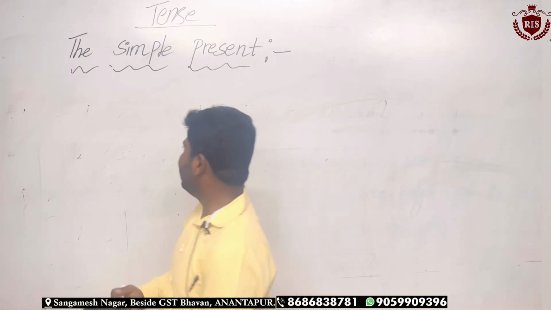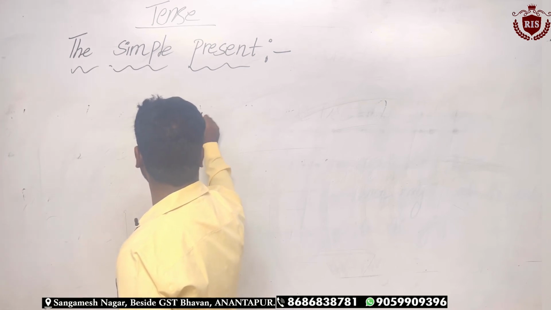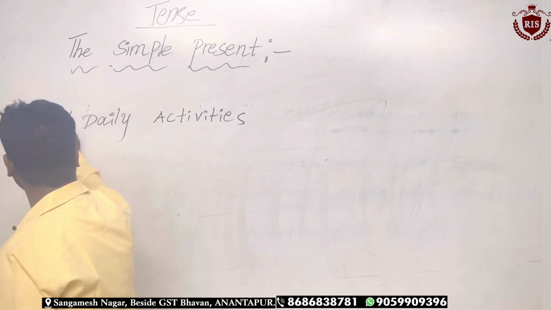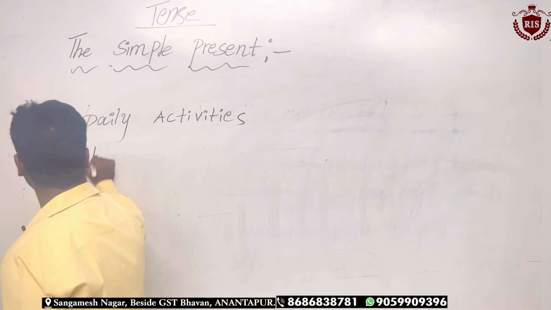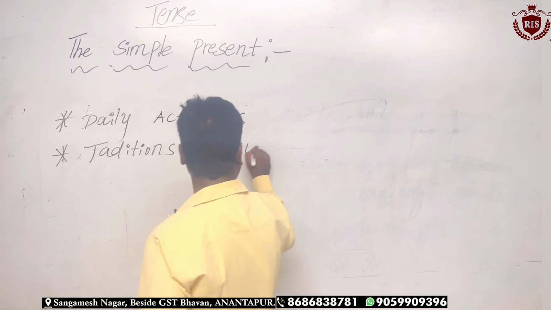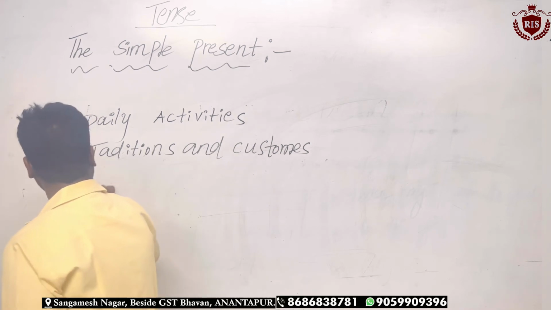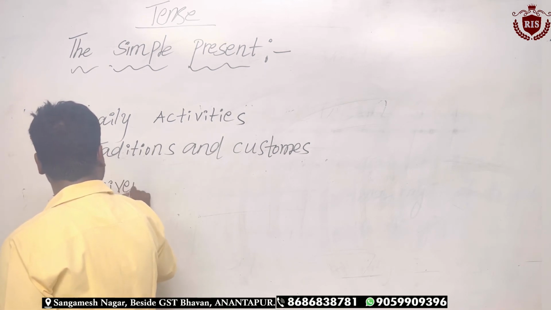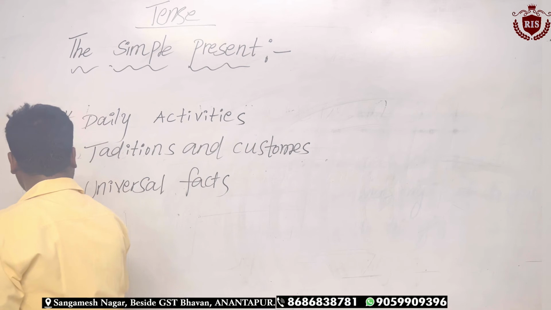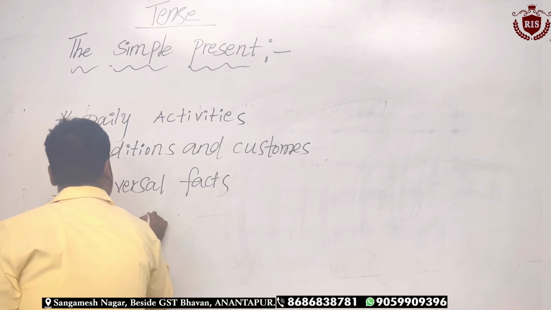Okay, let us write here. When we talk about our daily activities, next when we talk about our traditions and customs, next when we talk about universal facts, and also when we talk about 100% truth.